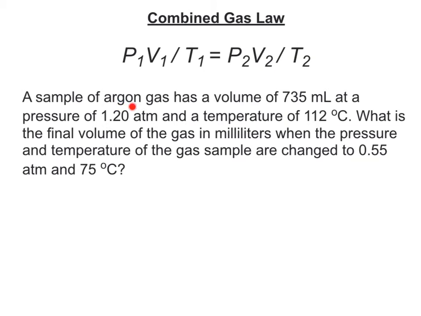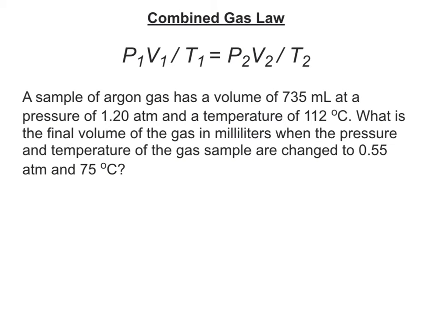A sample of argon gas has a volume of 735 milliliters at a pressure of 1.20 atm and a temperature of 112 degrees Celsius. What is the final volume of the gas in milliliters when the pressure and temperature of the gas sample are changed to 0.55 atm and 75 degrees Celsius?